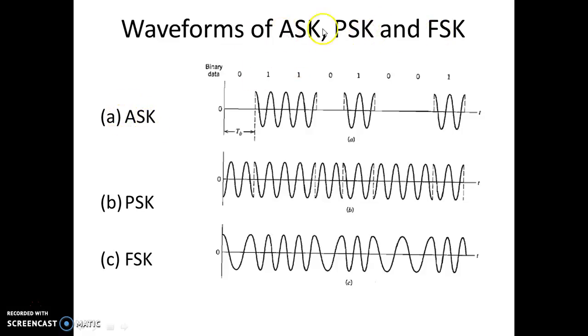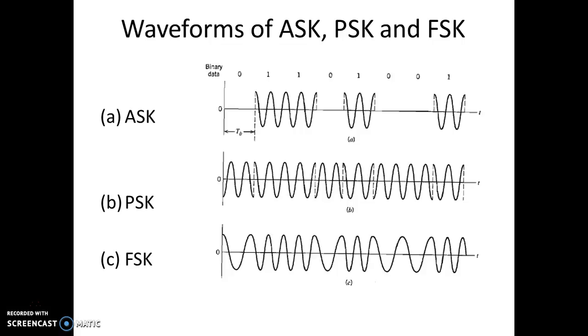It is called keying because, according to the incoming signal 0 and 1, the carrier signal, which is a high frequency signal, changes its parameter: amplitude, phase, or frequency. It changes its parameter according to the incoming 0 or 1.